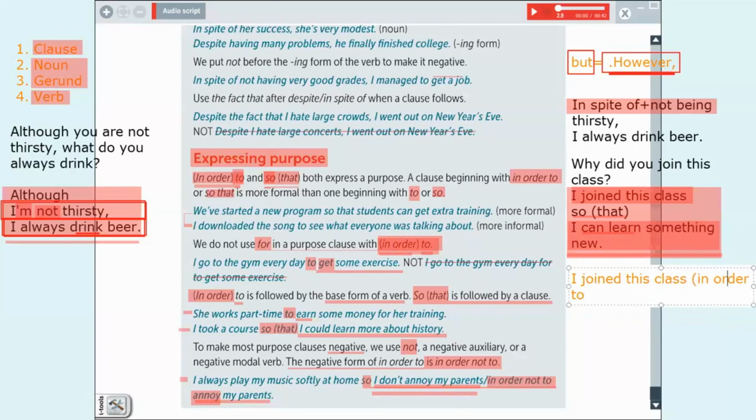Formally, "in order to". Informally, simply "to". So I joined this class, the linker in this case, and then the verb, learn something new. And there you go. This is the way with linkers.